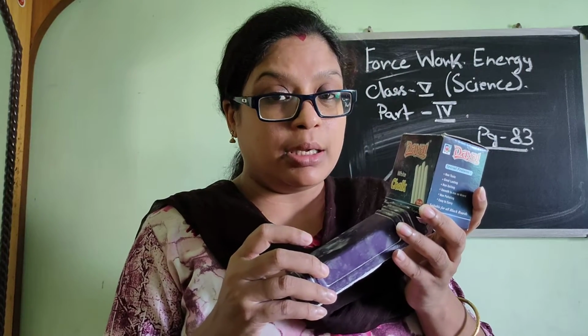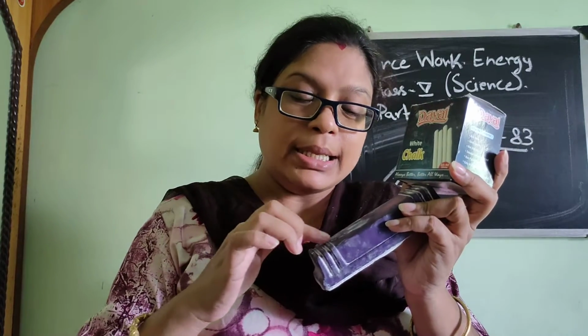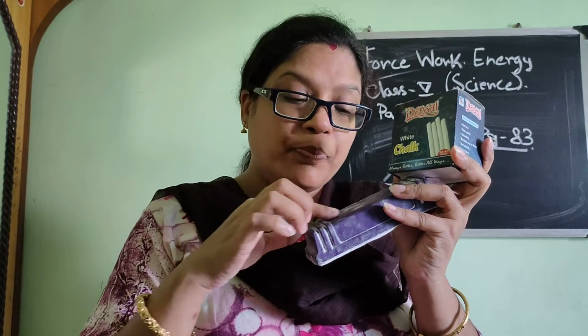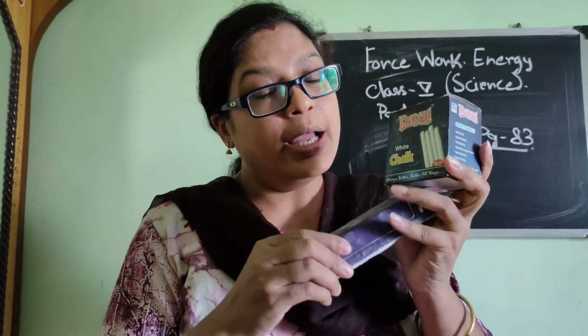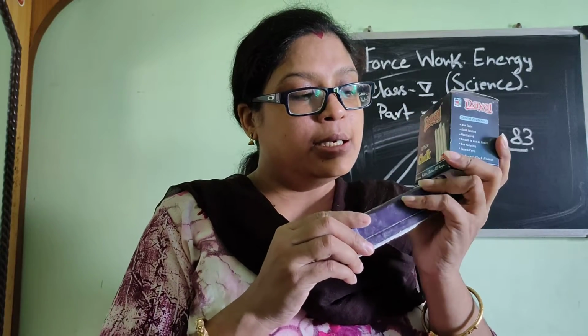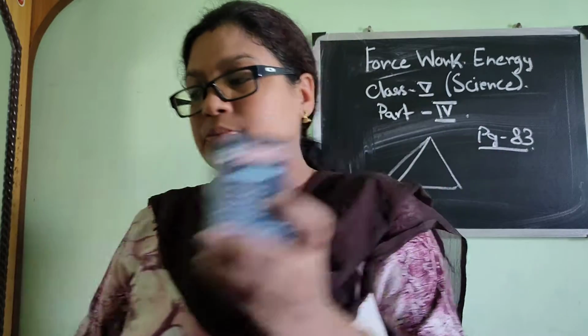Even in airports you can see it, where people who have problems in walking use this type of inclined plane to go up. This slope will help you to carry a heavy load, even if it is very heavy to carry without a slope like this.